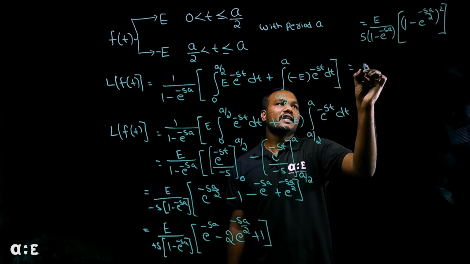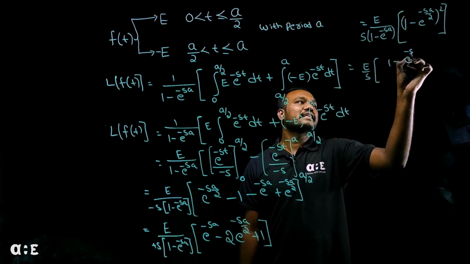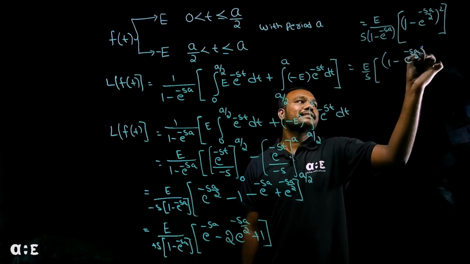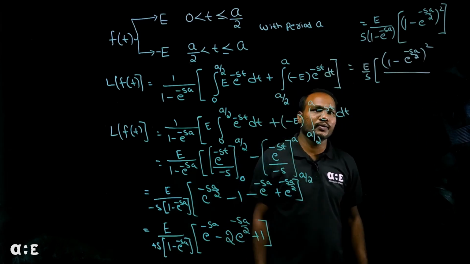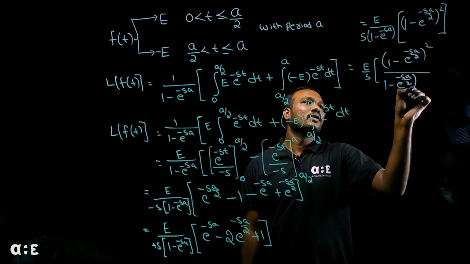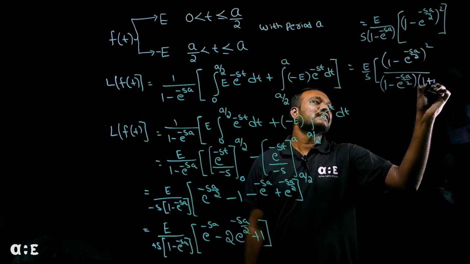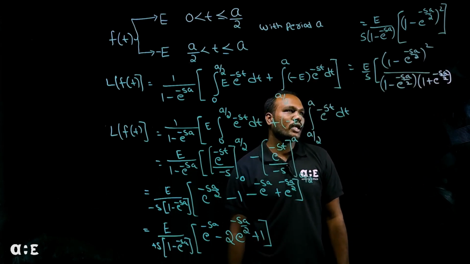We can write e by s outside, and we can write 1 minus e power minus sa by 2 whole square divided by, this is in the form of a square minus b square. So we can write this as 1 minus e power minus sa by 2 into 1 plus e power minus sa by 2, right? So now what can we cancel?